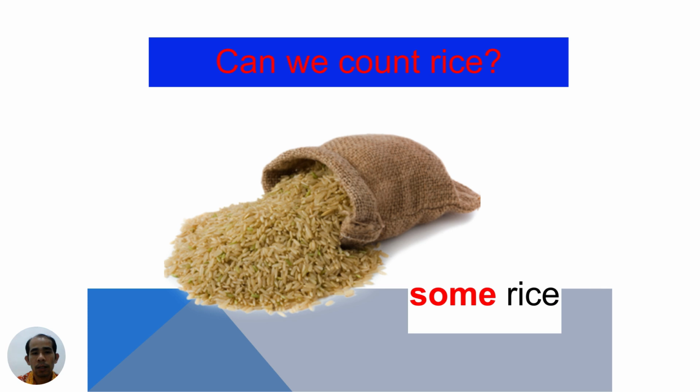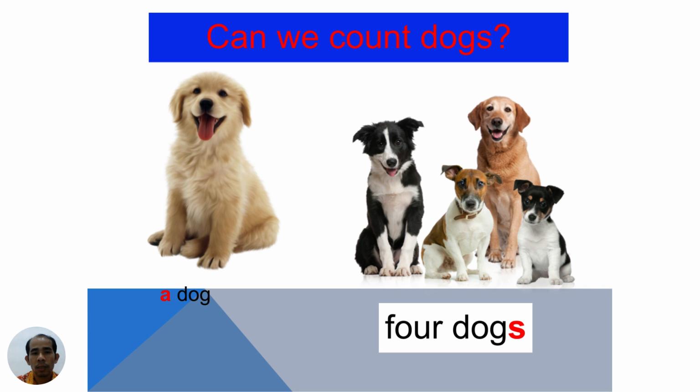Next, rice. Can we count rice? Of course not. We cannot count it with our hand like the countable nouns just now. But we can count it with the measurement as I said just now, using a bag of rice, some rice. The next, can we count dog? Yes, of course we can. A dog, four dogs.